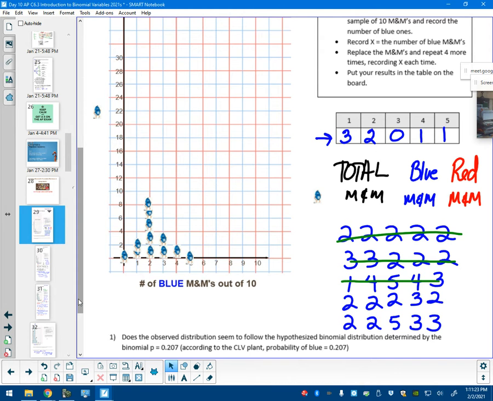And I have 1, 2, 3, 4 twos. And then 3 goes up to 3. And then 2 more 3s, so that's 1, 2, 1, 5, and 2 twos. So 1, 2.